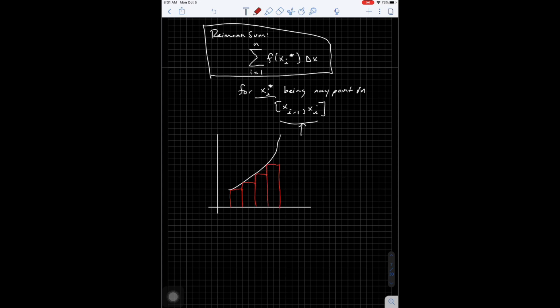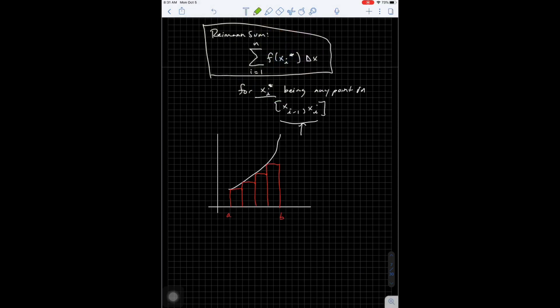Well, look what happens if I take these rectangles and let's now cut them in half. Look what happens to my estimate. You can kind of see the negative space, the space that doesn't get counted, like this area in here.